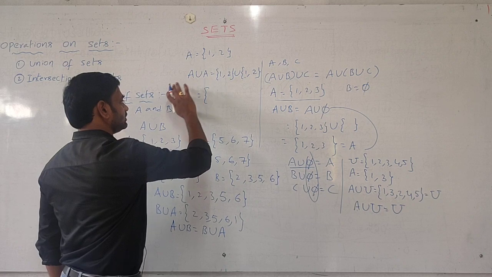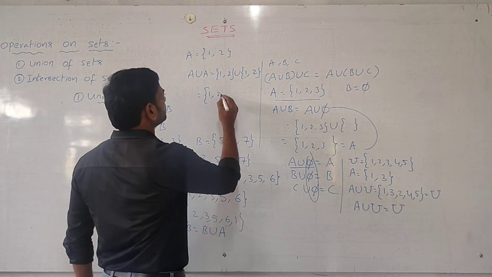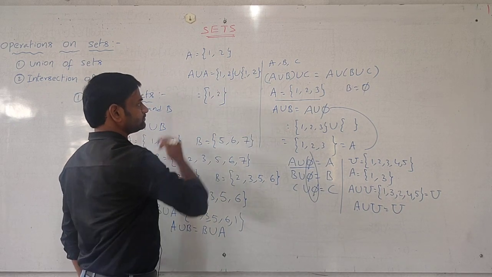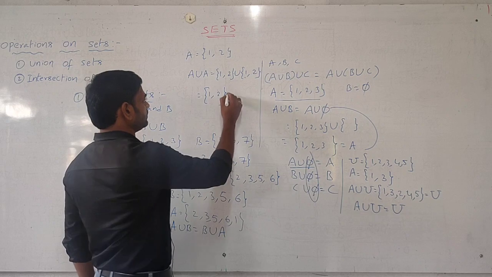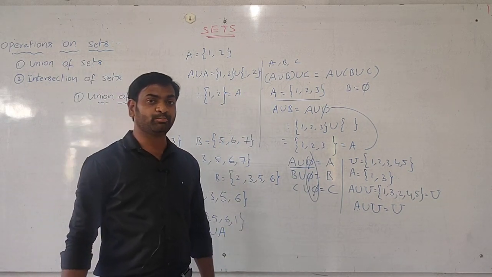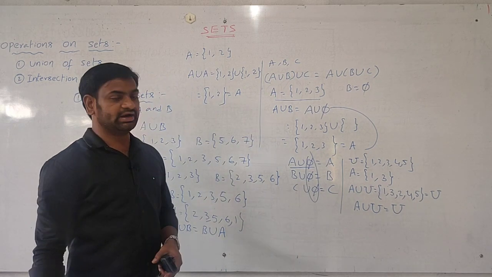So elements of A, that is 1, 2, first I wrote. Next again 1, 2 is there, but 1, 2 already I wrote. Don't write again. So that is equal to A. It is called idempotent law.